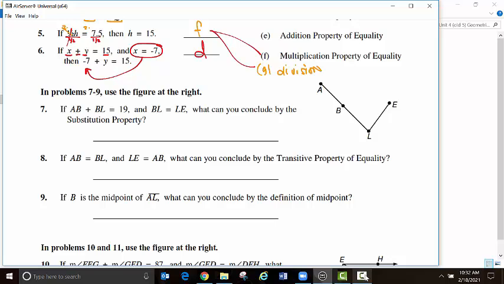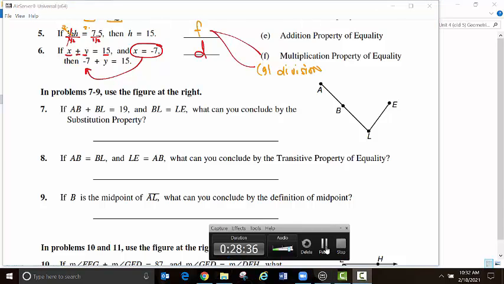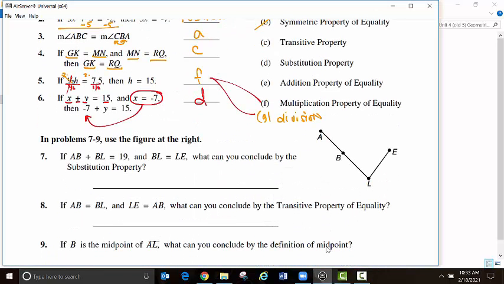If AB plus BL equals 19 and BL equals LE, what can you conclude? Okay, well, substitution. If we know that BL is equal to LE, we could rewrite it and say AB plus LE is 19. We just replaced them with each other.